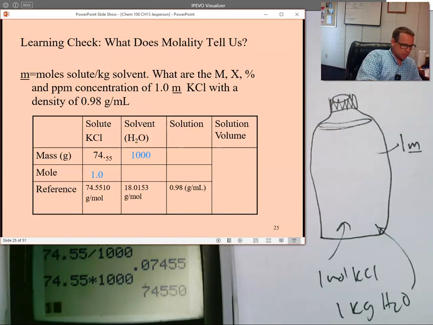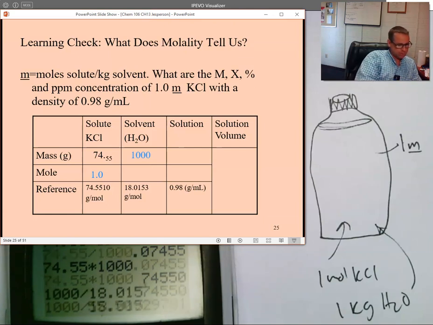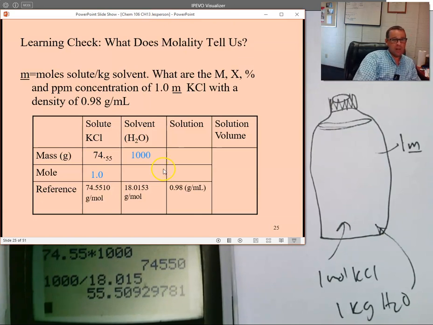All right, so we take our 1,000 and divide it by what? Divide by 18.0153. Very good. So we got 55.5 moles of solvent.